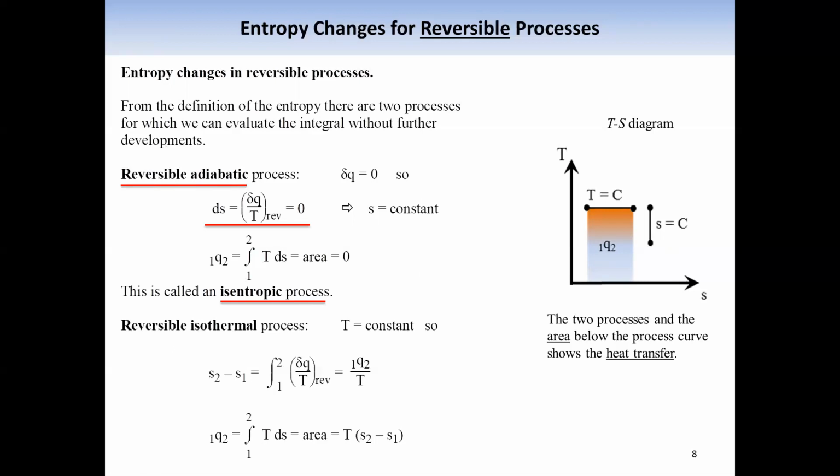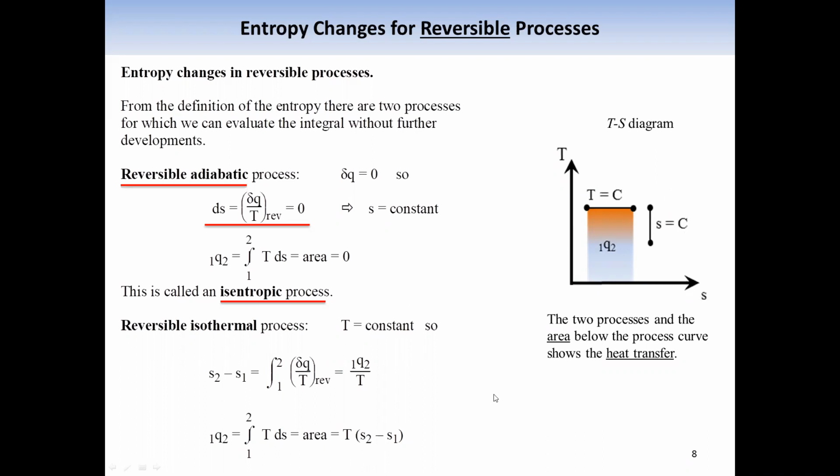Okay, then if we look at the isentropic process, it represents this vertical line because entropy doesn't change. Heat transfer is 0. The area under the vertical line is also 0. So this is a representation of an isentropic process.